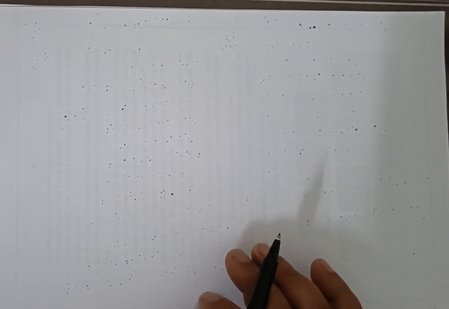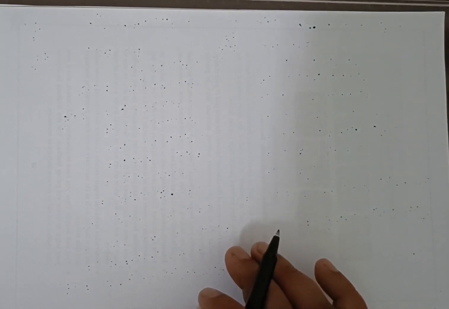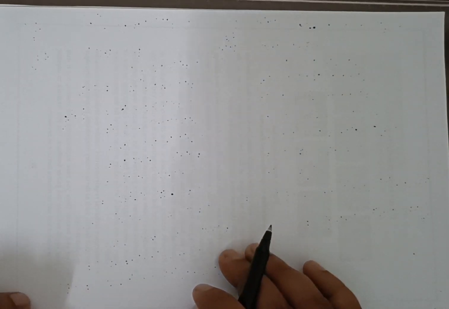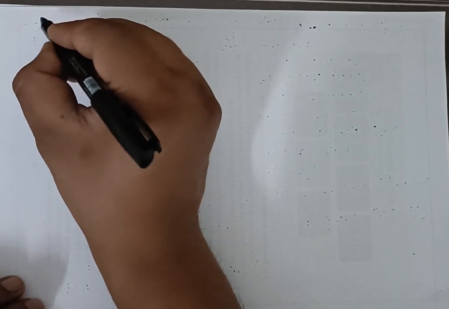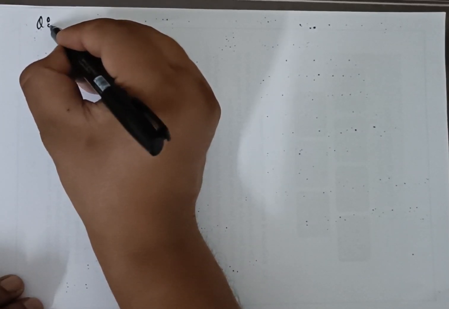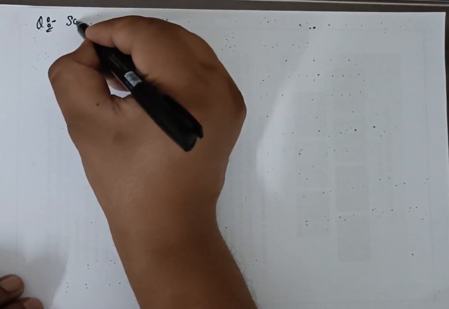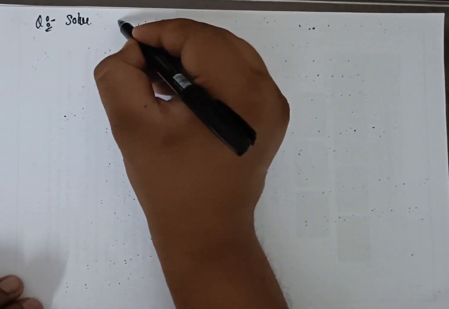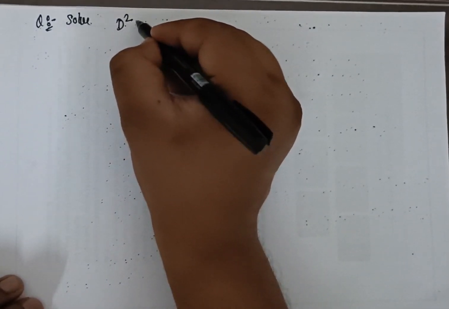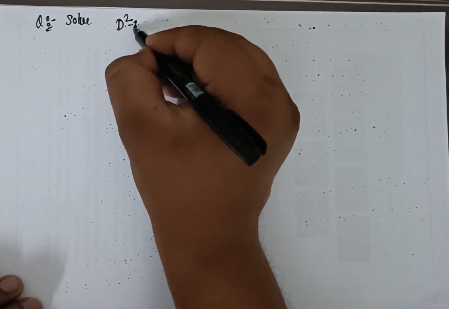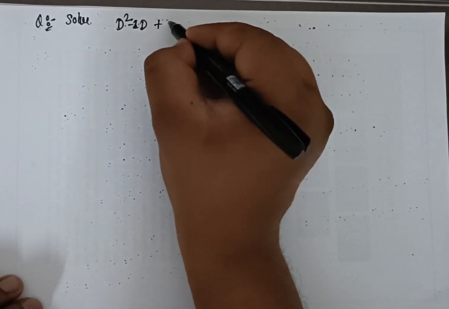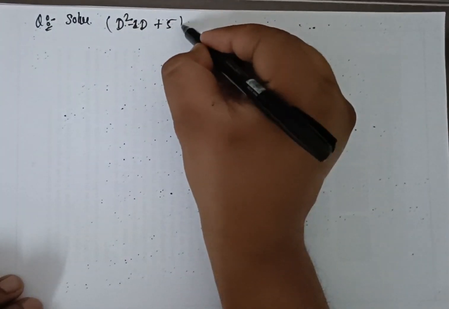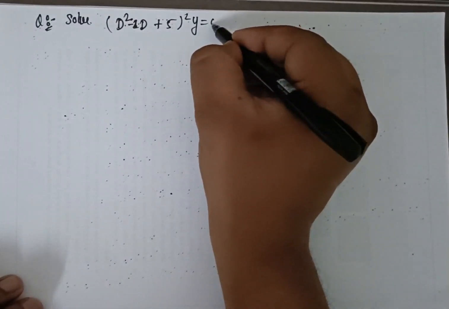Next, I would love to discuss another question, and the question is: solve (d square minus 2d plus 5) whole square y equals 0.